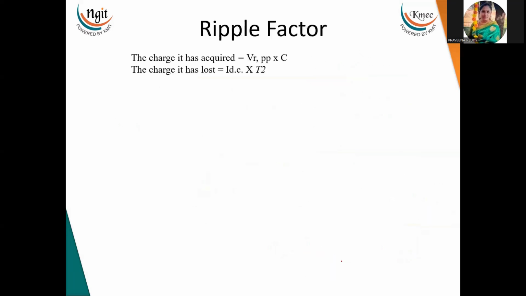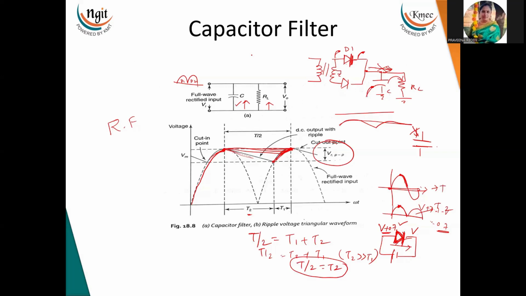Now we can write the capacitor charge Q is equal to V into C. And also Q is equal to I into T. So we are using these formulas here. Capacitor charge is equal to VR peak to peak. The capacitor is charging this much only, right?